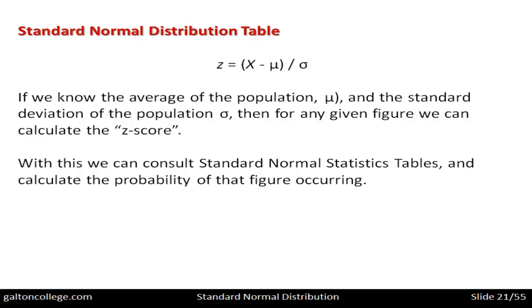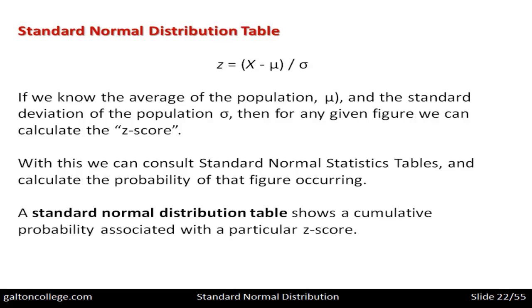We've worked out the z-score, which is our standard score, but we need to consult these standard normal statistics tables in order to work out the probability of a certain figure being above or below a certain level, and so on. We must have these available if we're going to do this calculation.